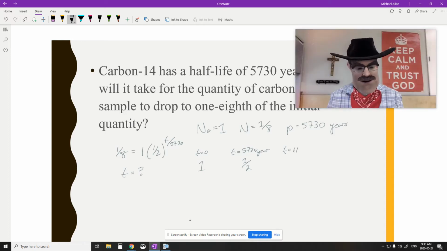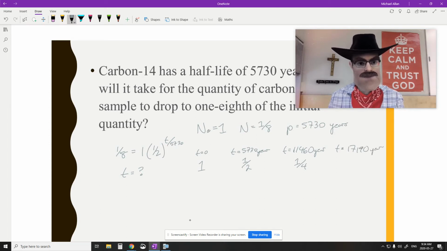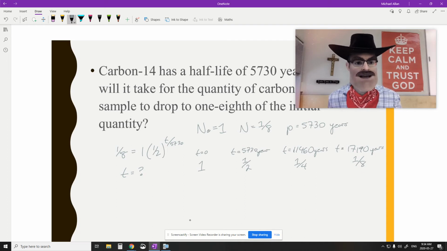I just added 5,730 to this number here. I'm going to have a quarter left over. And then another half-life later, I add 5,730 to this, 17,190 years. I'm going to have another half of a quarter, so it's going to be an eighth. So the time that elapses is 17,190 years.